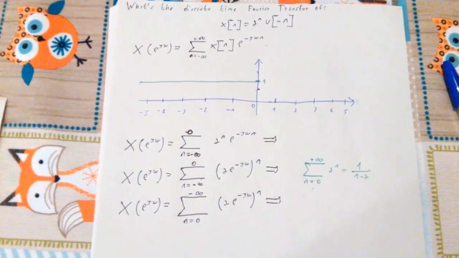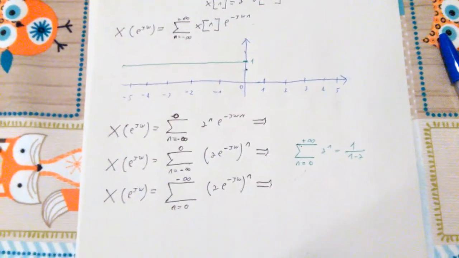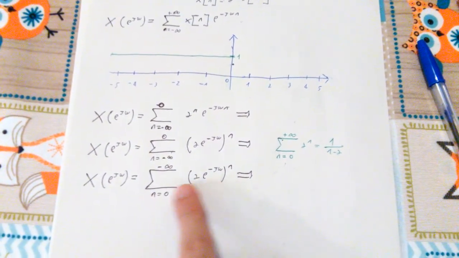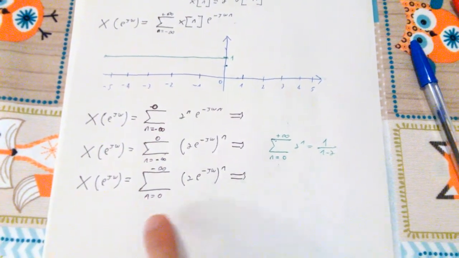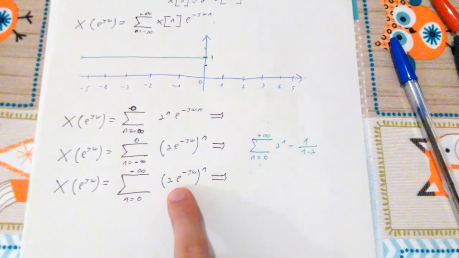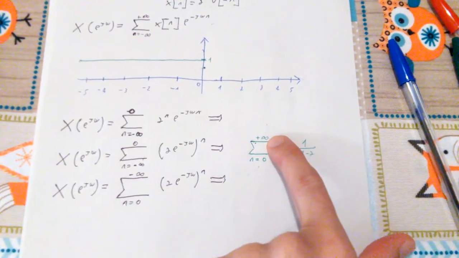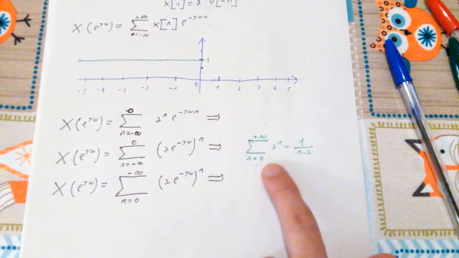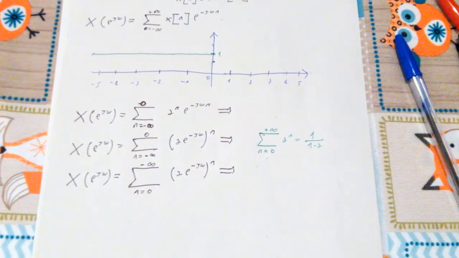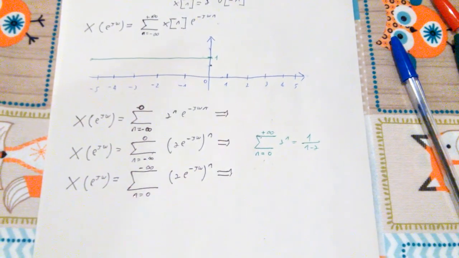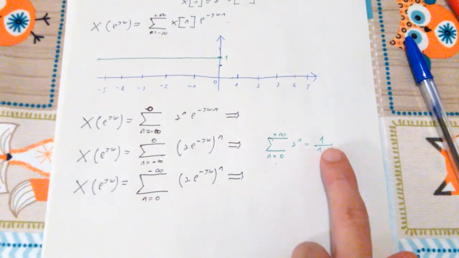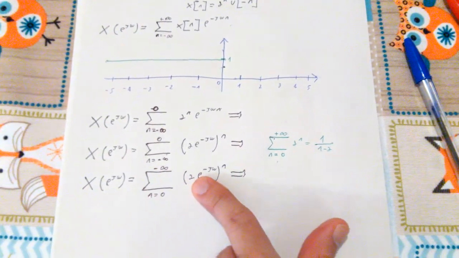Now, we are still not happy because we want to get here and we are stuck here. So n goes from 0, okay, something raised to the n, but we are going to positive infinity in this formula, while here we're effectively going to negative infinity, which is not good because we cannot use this formula just yet.